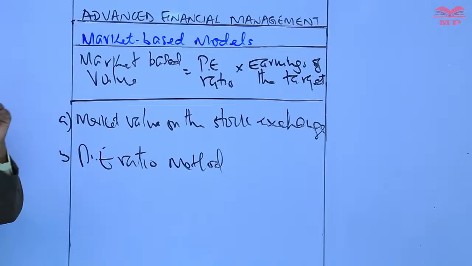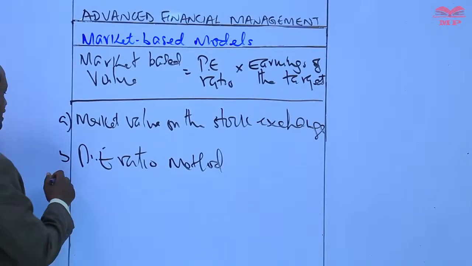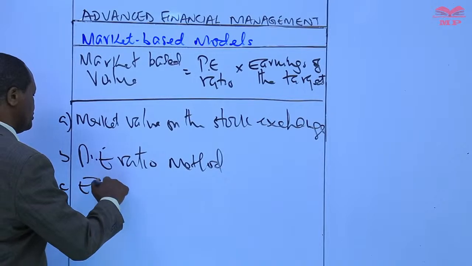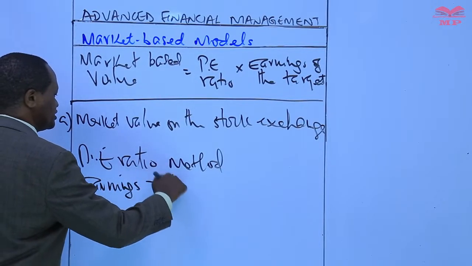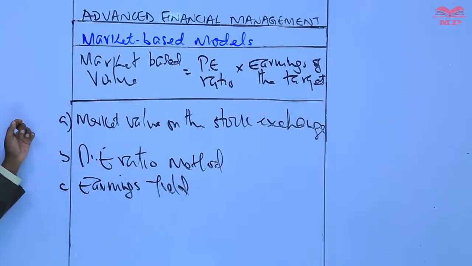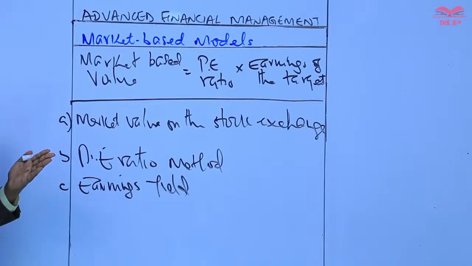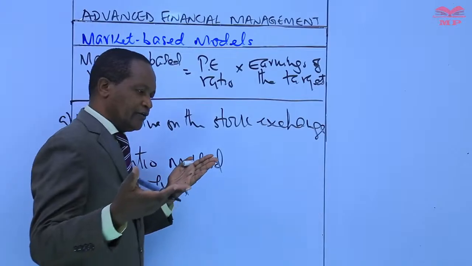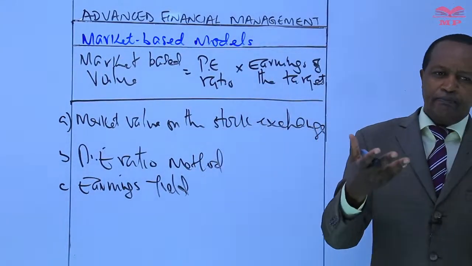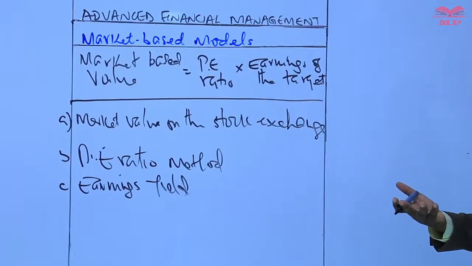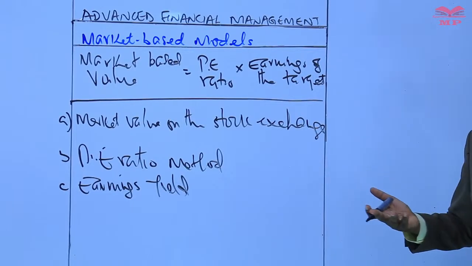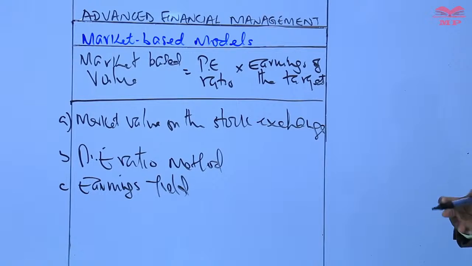The PE ratio method. Then we have the earnings yield method. The earnings yield method or approach. Whereas the PE ratio is market value over EPS value, we know the earnings yield is just the inverse of the PE ratio.